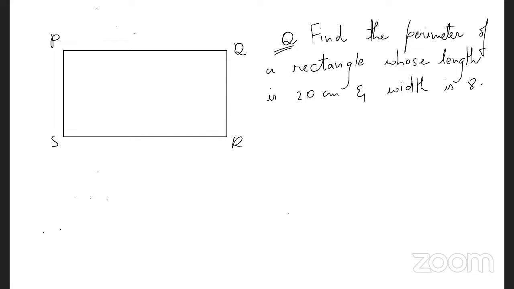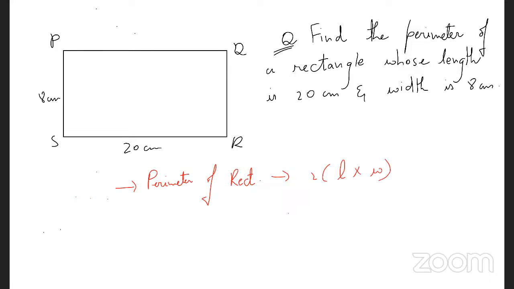The measurements are in centimeters. This is 20 centimeter, and this is 8 centimeter. We have to find its perimeter. We know the perimeter formula of a rectangle is 2 into length plus breadth or width.